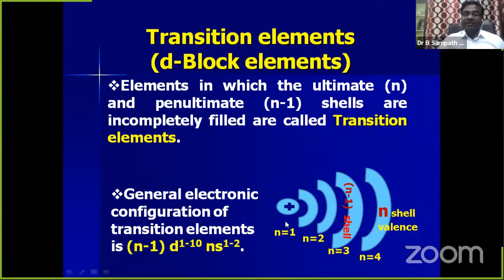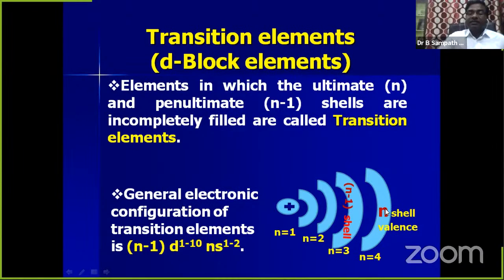Let us assume one atom, and this is the nucleus. This is the first orbit, second orbit, third orbit, fourth orbit. Let us assume 4 orbits are there in this atom. The fourth orbit is called the valency orbit or valency shell, and this is nothing but the nth shell.